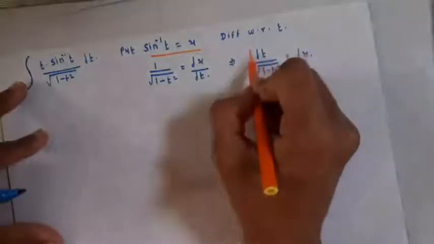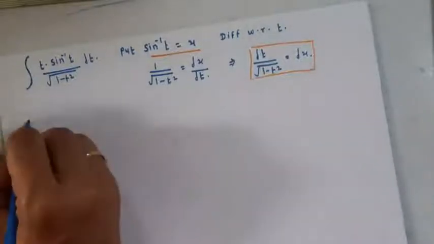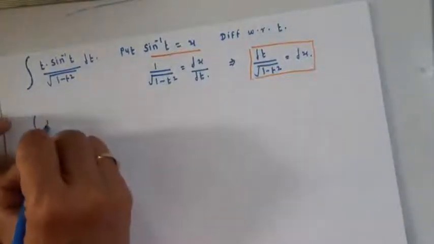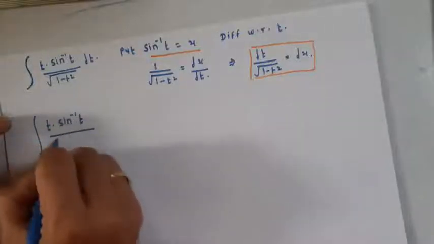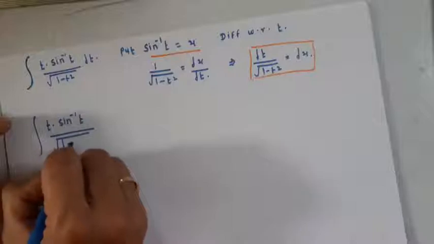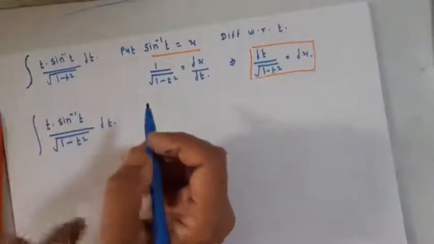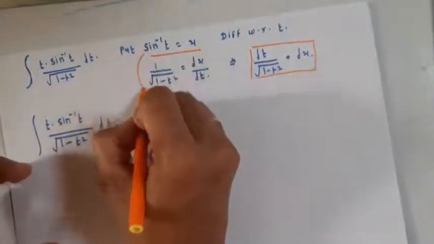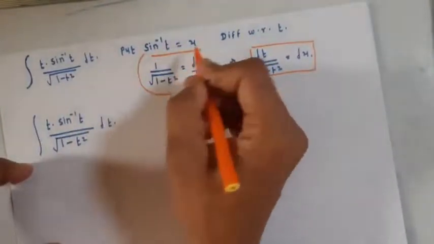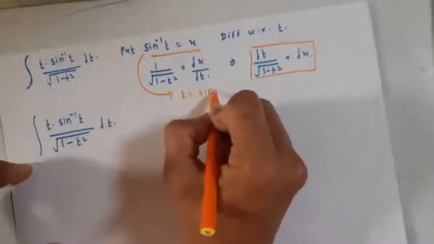And therefore here the integration, that is, t into sine inverse of t upon square root of 1 minus t square with respect to t. Okay students, we have put sine inverse of t equal to x. From this, shift sine inverse to that side, you will get t equal to sine of x.